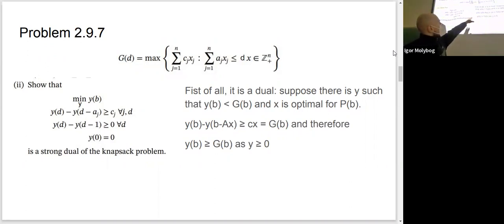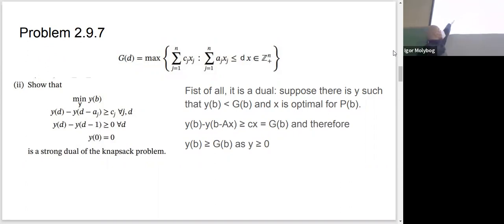We can use the fact that y of b minus ax, this is just the summation from the above, y of b minus ax is greater than or equal than cx. Can anyone tell me how to prove this inequality over here on the top?